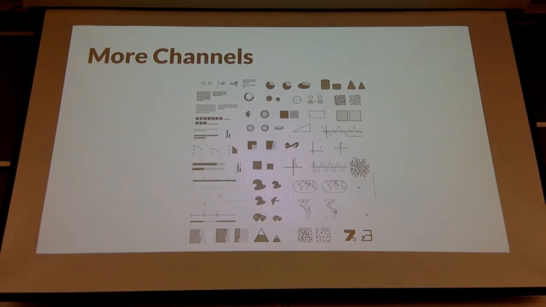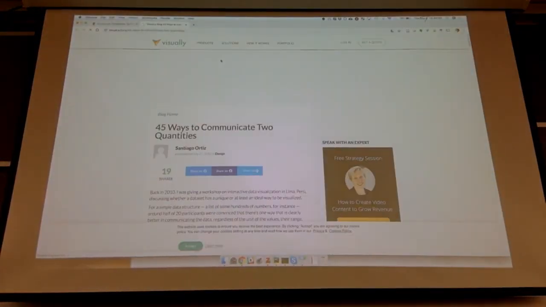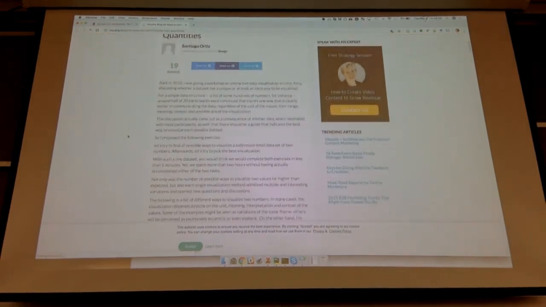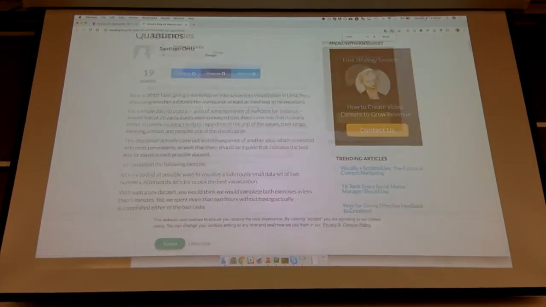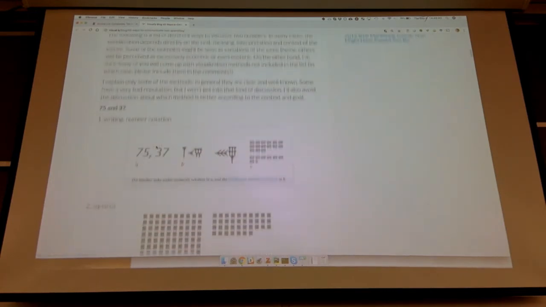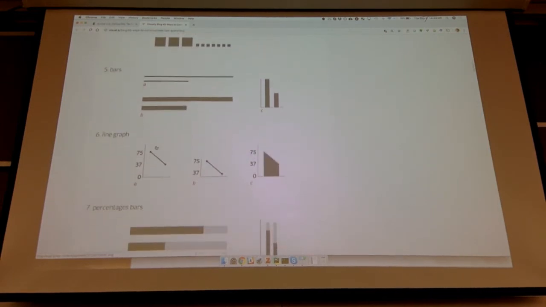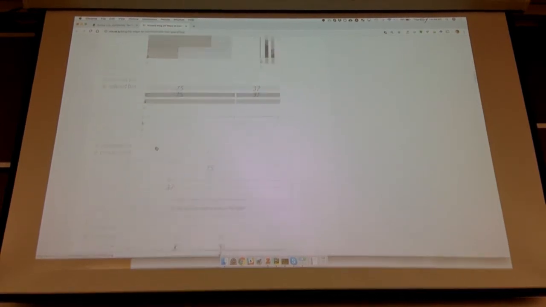And so this exercise that we did at the beginning, other people have thought about this. Here is a paper, here's a web page that came up with 45 different ways to communicate two quantities. So writing or notation, squares, repeated icons, different cypherspheres, bars, and so on.